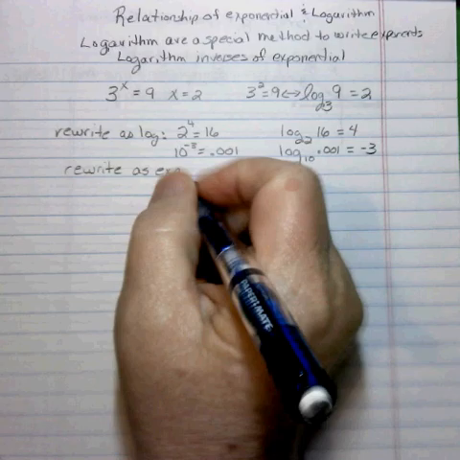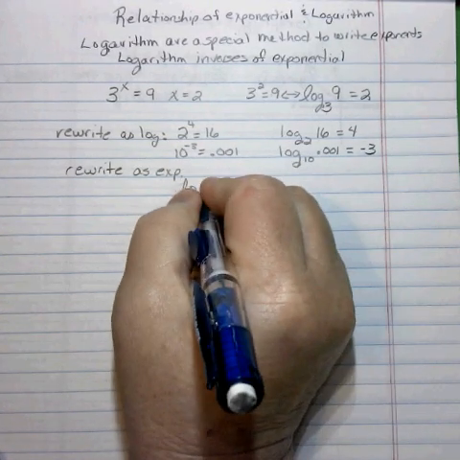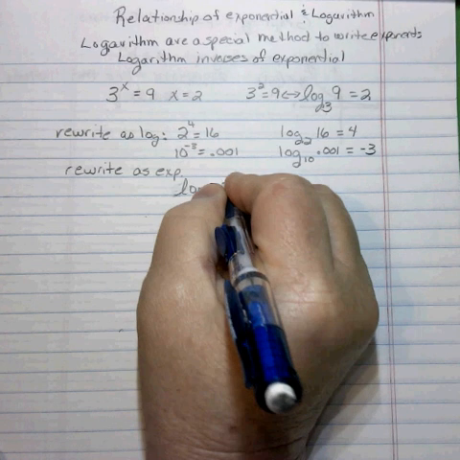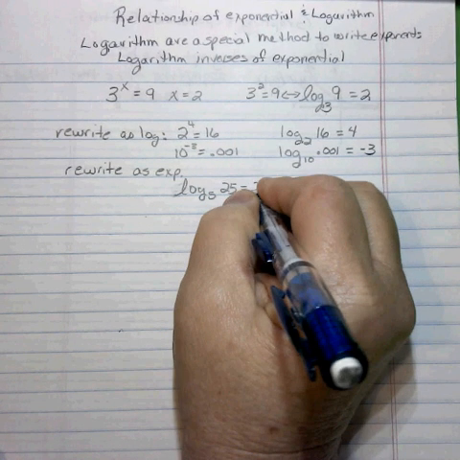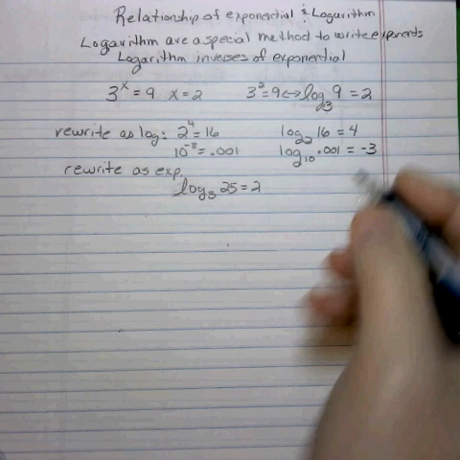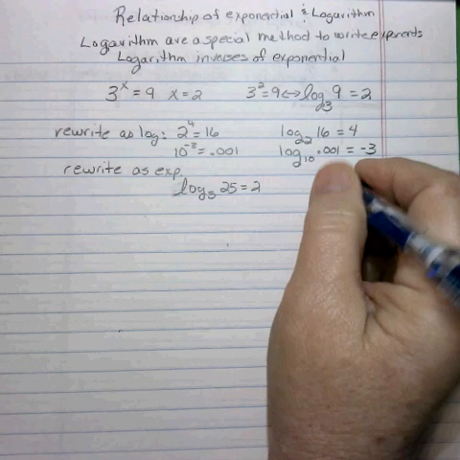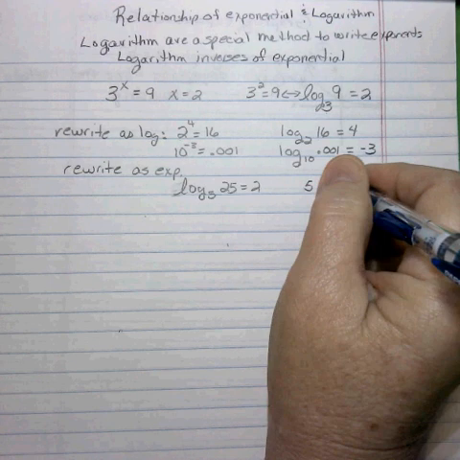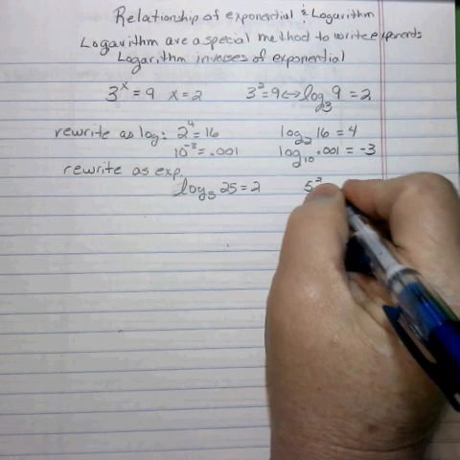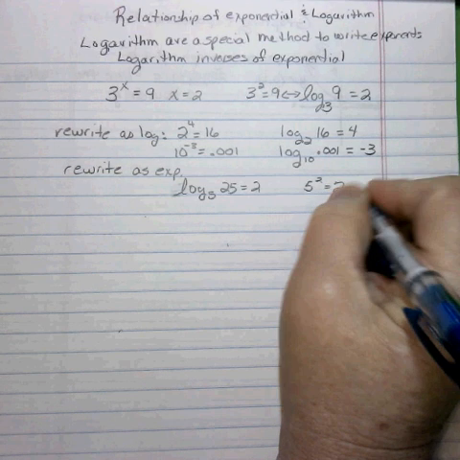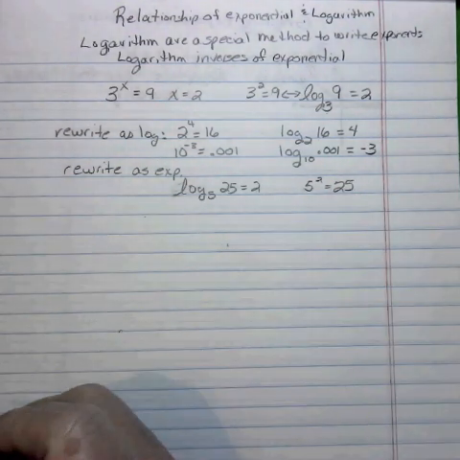Let me get the problem right. We have log base 5 of 25 equals 2. To rewrite that, that means our base is 5. The exponent would be 2 equals 25.